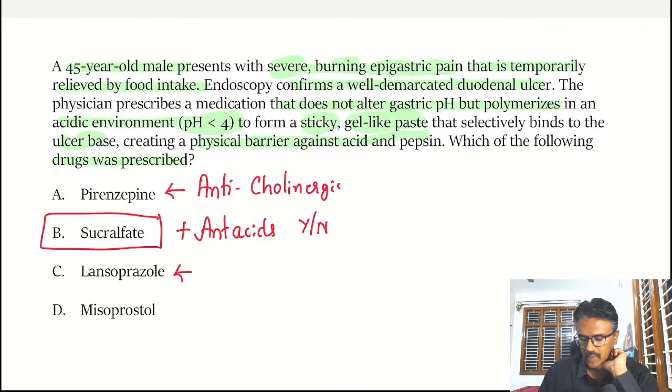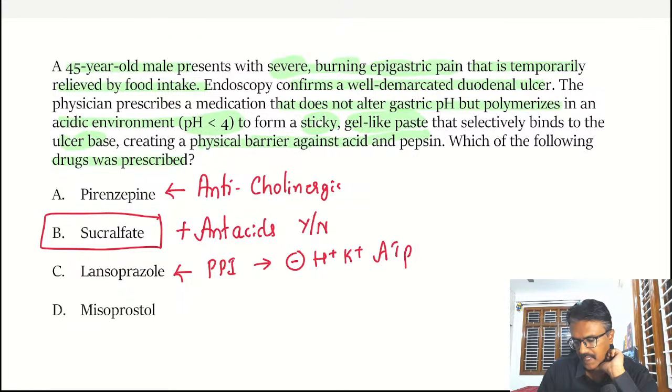Drugs ending with prazole are proton pump inhibitors. What do they inhibit? They inhibit H plus, K plus, ATPase. And they inhibit this enzyme irreversibly.